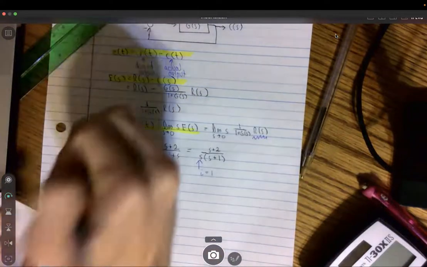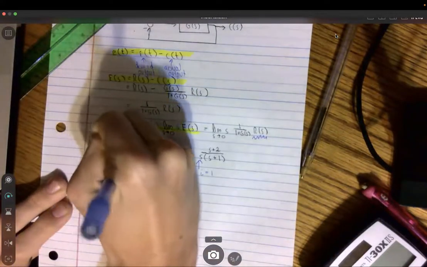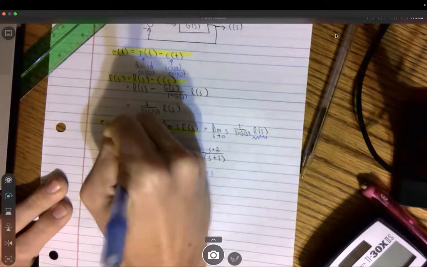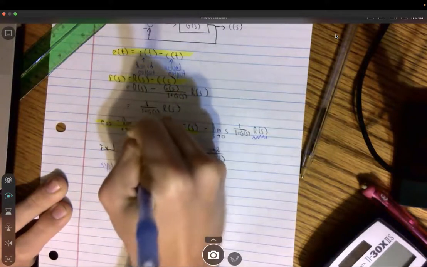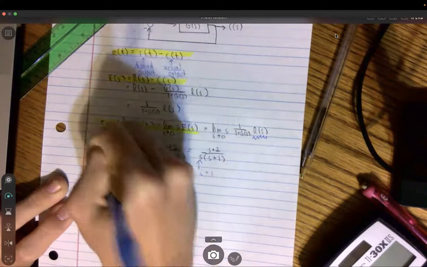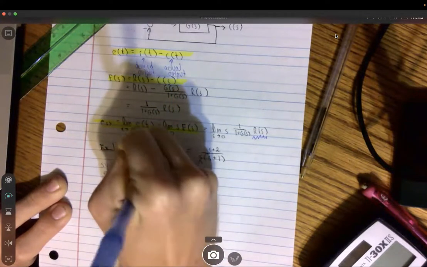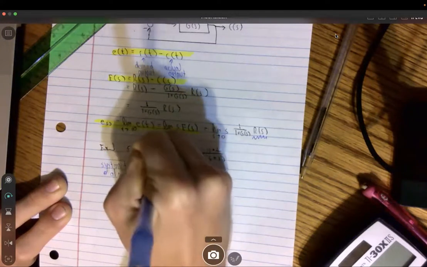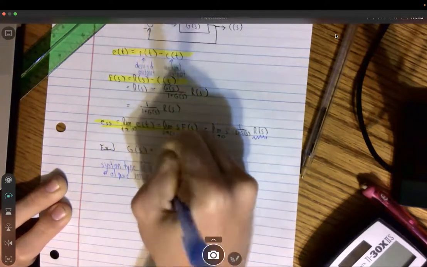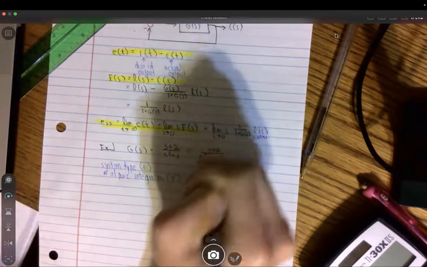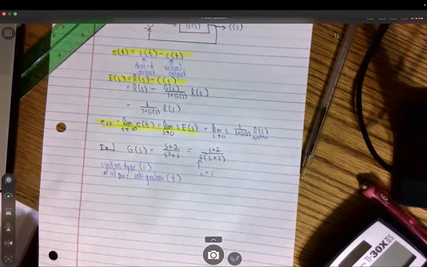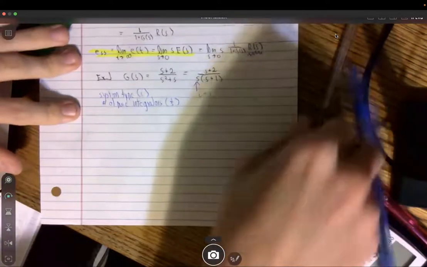So the system type, just remember, you define it with I. It's the number of pure integrators. And what's a pure integrator? 1 over S.